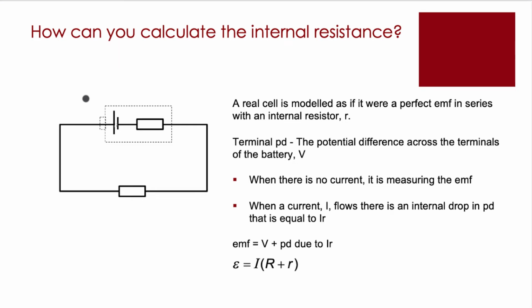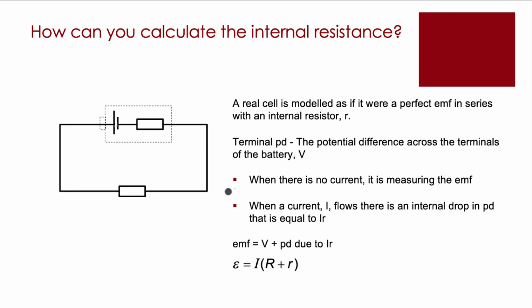Well, let's model a cell, pretending here's my cell or my battery, and let's say it has two parts: one part is the source and the other is an internal resistor. Notice I have everything here in one series circuit. Our terminal potential difference is from one side to the other.